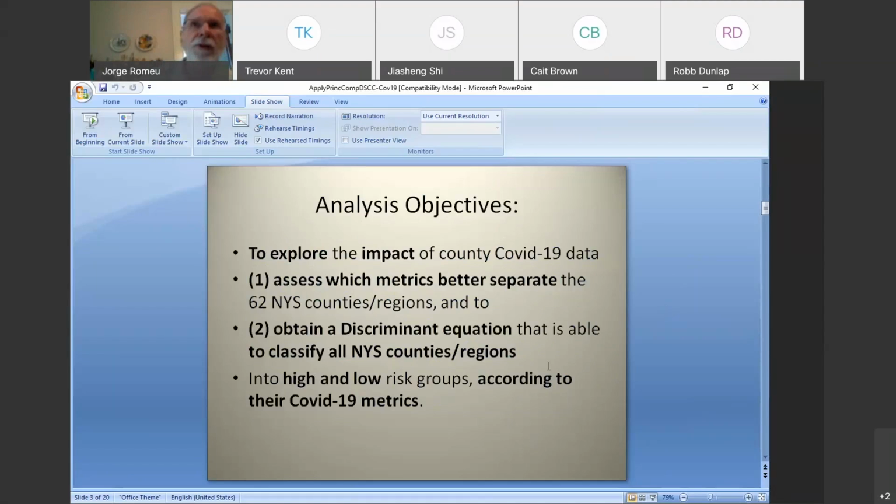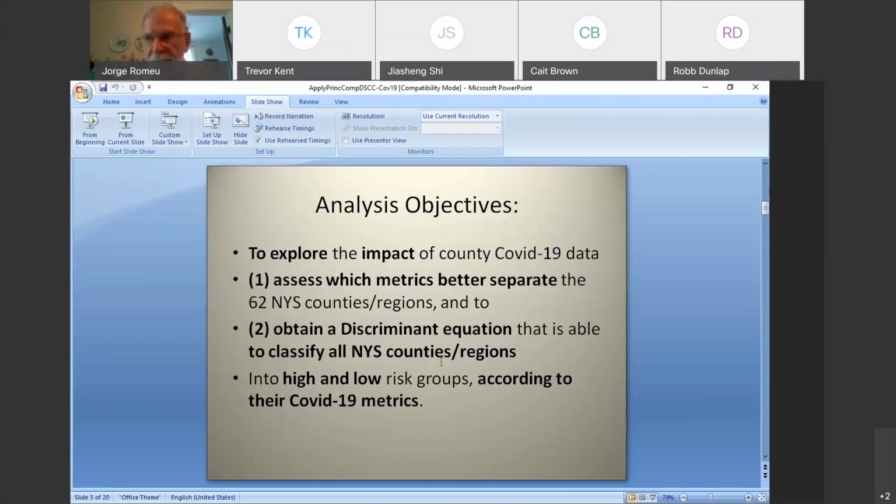We also want to find out, among the several metrics that have been collected, which ones are better to allow to separate these regions or these counties into those that can open and those that should remain closed for a few more weeks.